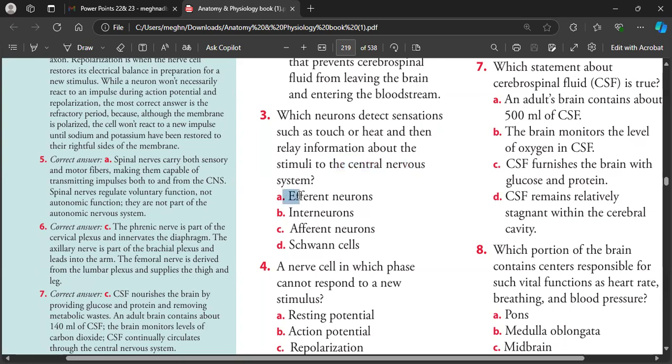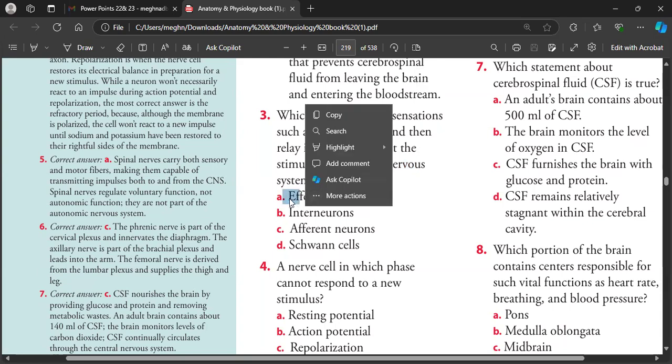Always remember the letter E for echo. It is always expelled out from the brain to the peripheral nervous system. But the letter A for apple, they get in, right? In.